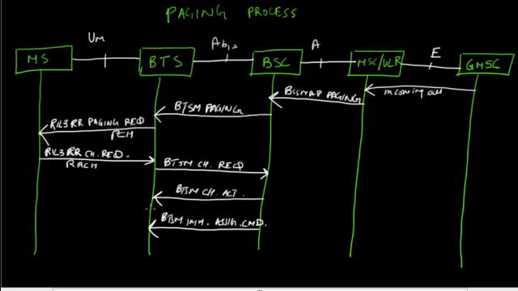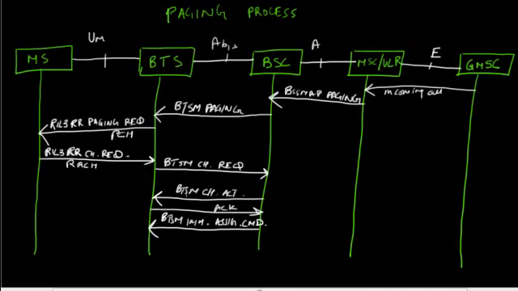In between, the BTS acknowledges the channel activation message, which asks it to activate a second layer signaling channel between the MS and the BTS, which is basically going to be a standalone dedicated channel.